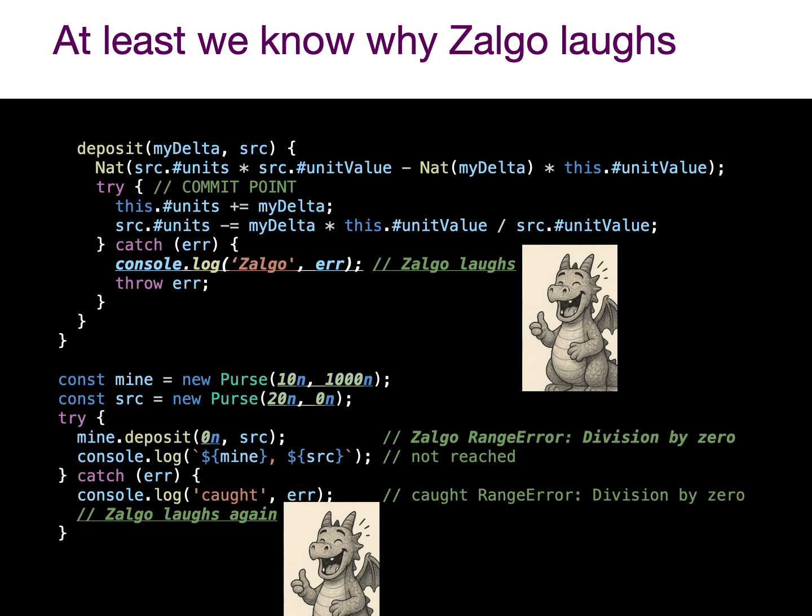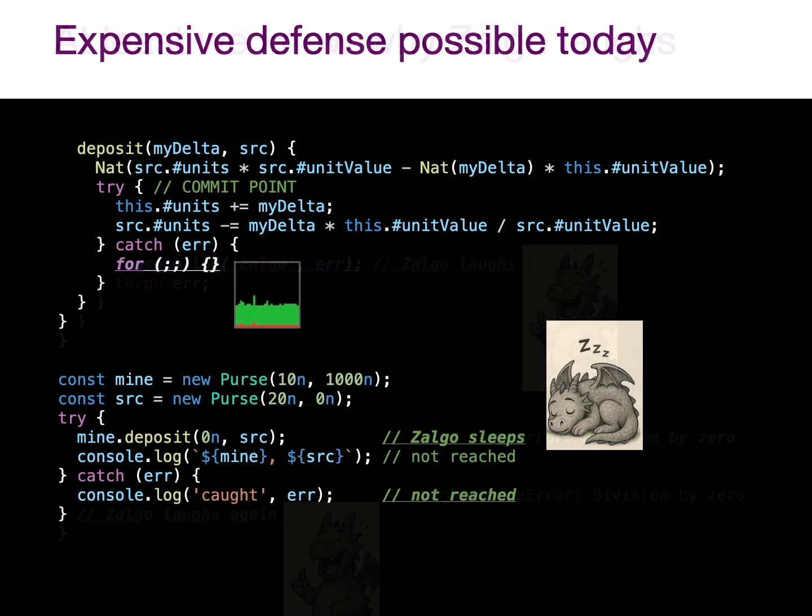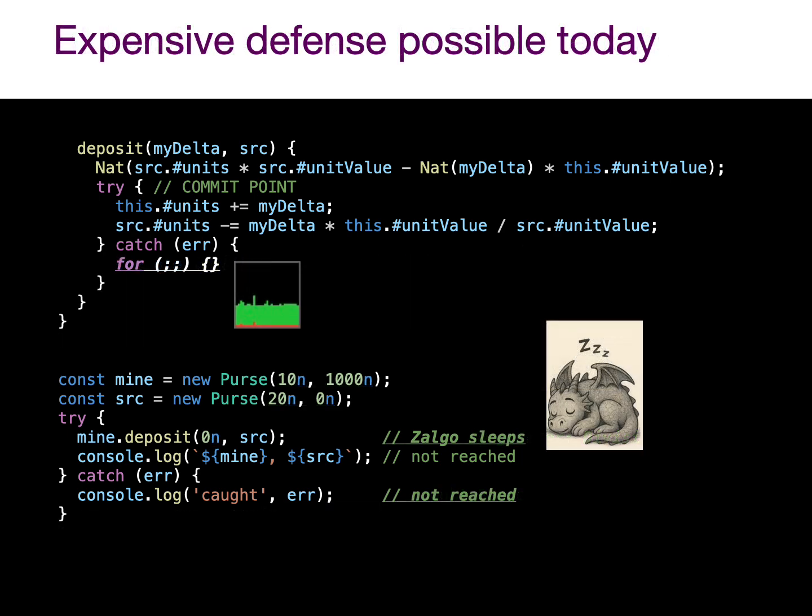Now, surprisingly, there actually is a way in JavaScript today for this code to defend its own integrity at this point, and to sacrifice availability to preserve integrity, at least as far as the spec is concerned, which is that it can go into an infinite loop.